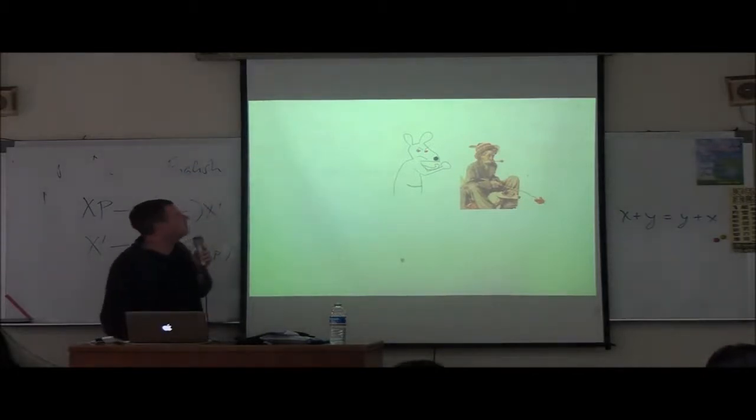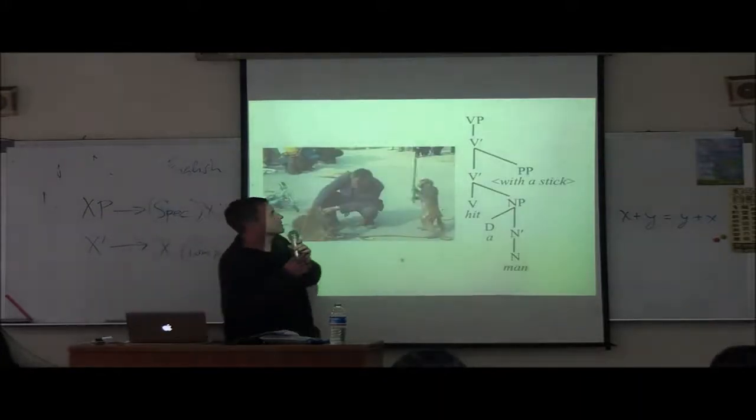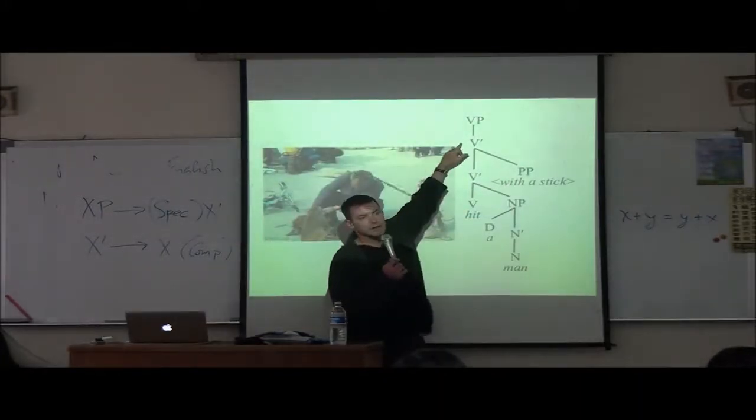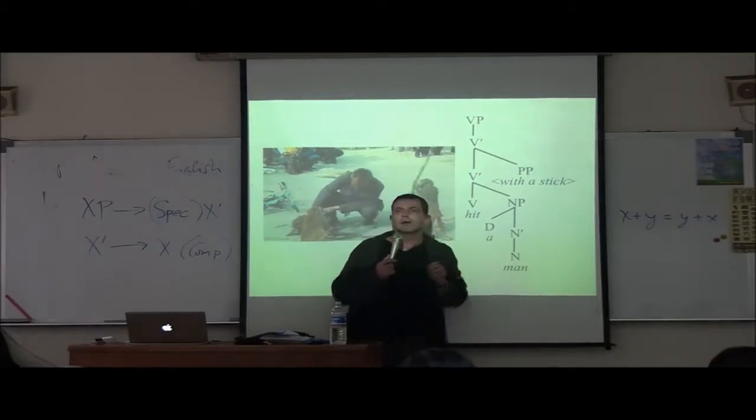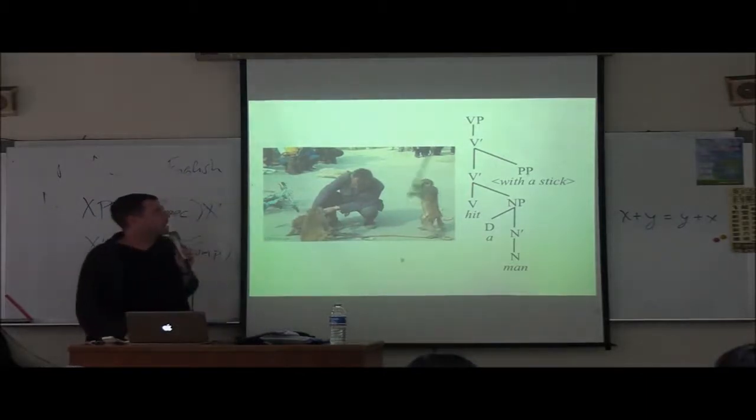So there were two V bars here, because with a stick was an adjunct of the verb phrase, so we needed to add another V bar so that we could add the adjunct that modified the verb.